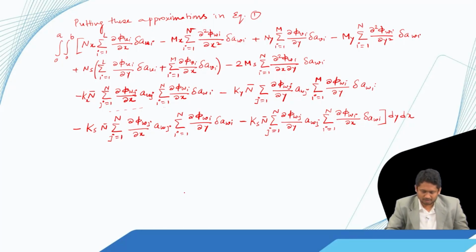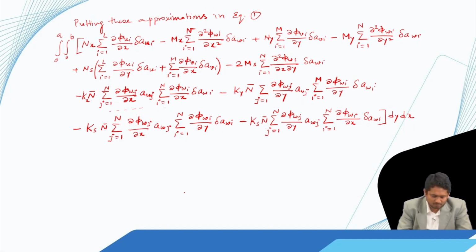Now, our job is to separate out the terms which have variation of a u i, then the terms which have variation of a v i, and also the terms which have variation of a w i. So, if I look at this, this term has variation of a u i, and then we have this term with variation of a u i.